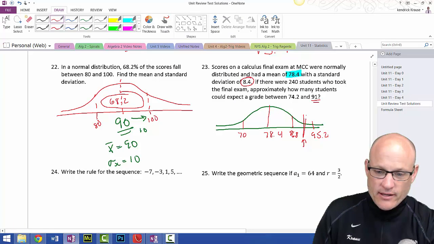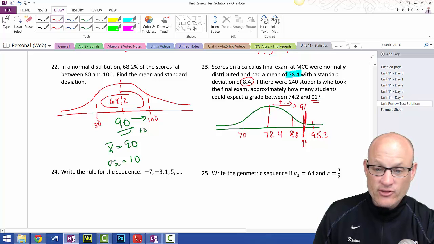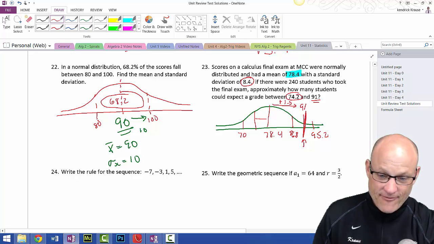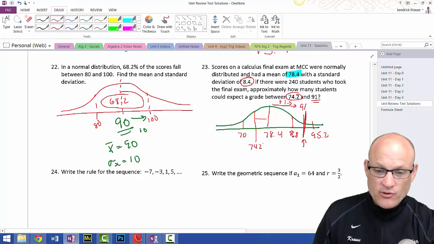So right there is 91. That's 1.5 standard deviations up. Oh, wait, I want 74.2. That's down half a standard deviation. Wouldn't it make sense that this is 74.2? So really I'm going down a half, minus 0.5, and I'm going up 1.5.